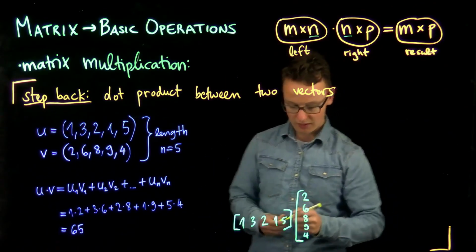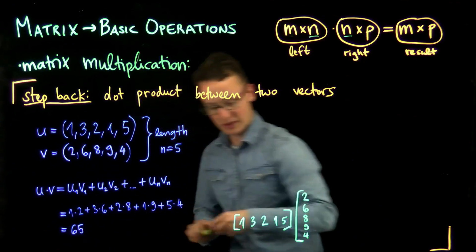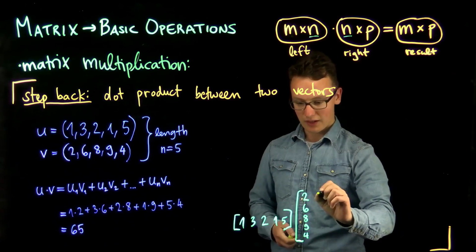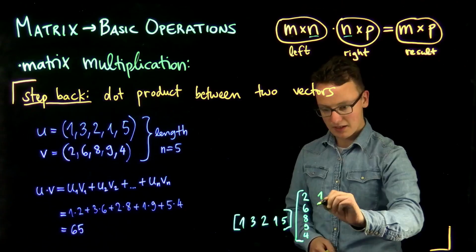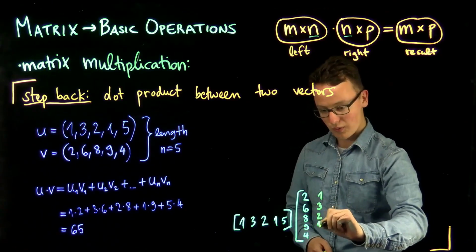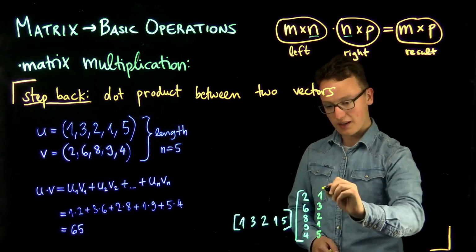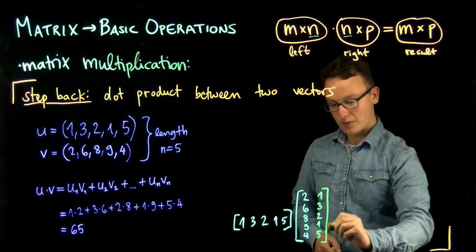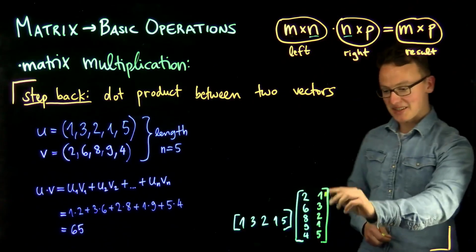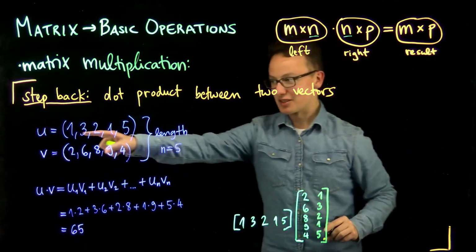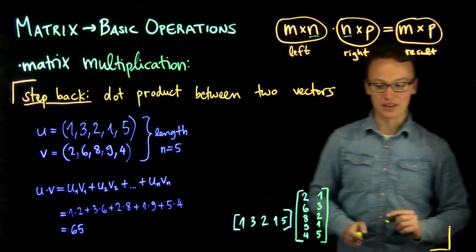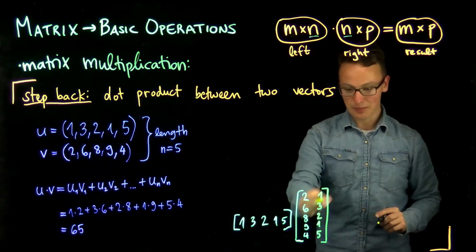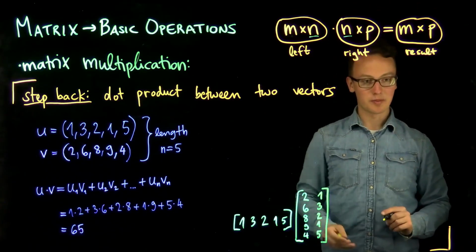Let me take the other pencil, where we have the following entries here as a second column, namely 1, 3, 2, 1, and 5, okay? So you might recognize these numbers. Well, they're actually just a repetition of the entries of the u vector here. But now it's part of a matrix, as the second column of the matrix.